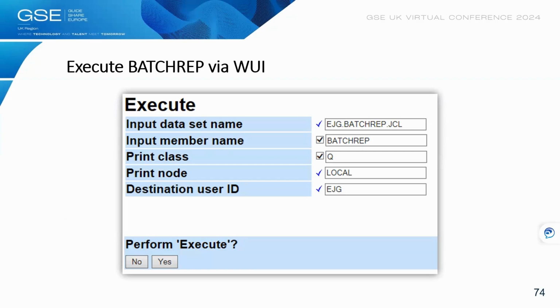But the way they built it was you put some data in a data set and member, and then you logged on through the WUI and you executed it. So it wasn't really like a batch job. It was, here's your data set member, it contains commands, and you perform execute and it'll execute it.